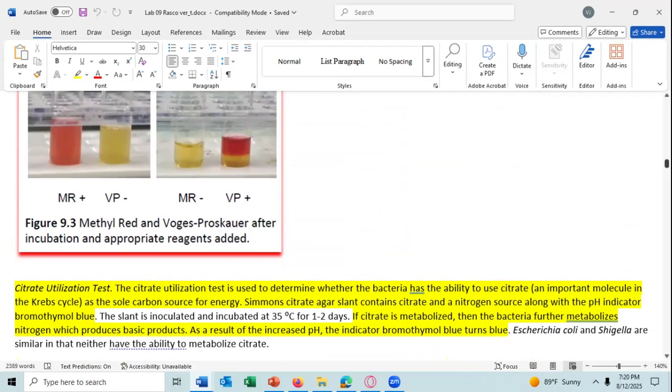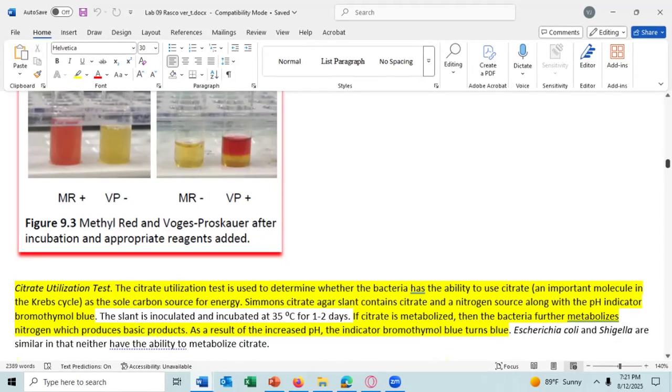I still am not sure what you're asking. If you ask for the MR test, I will just take the tube, set it up, and then 5 days later give you the results of the MR test. If you ask for the VP test, I will give you the results of that tube after 2 days. Okay, and those would be 2 separate tests. Those are 2 separate tests, yes. Okay, perfect. Thank you.